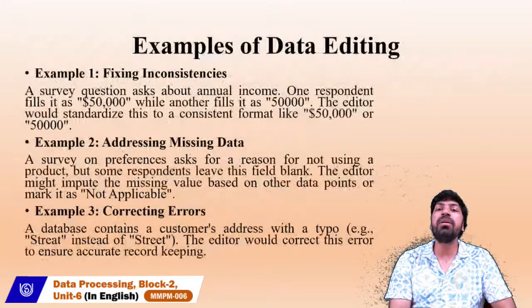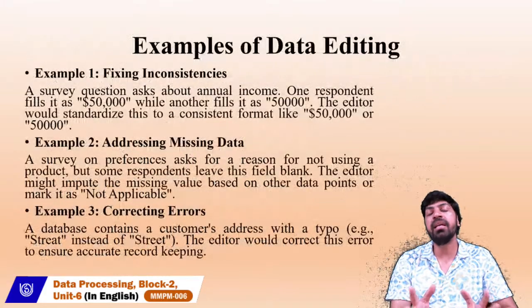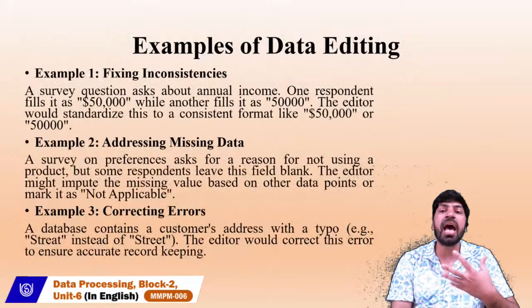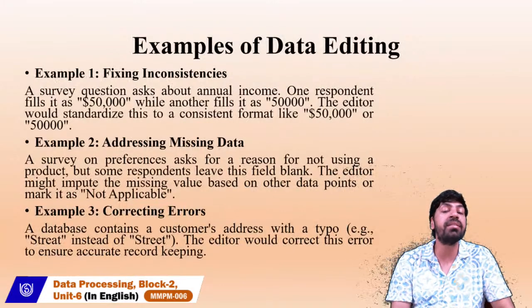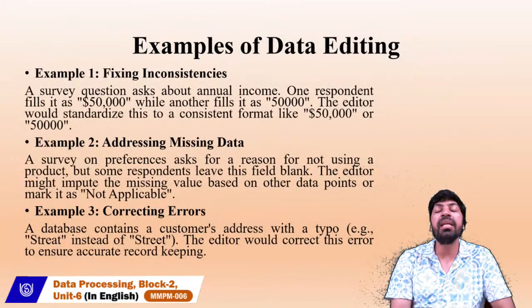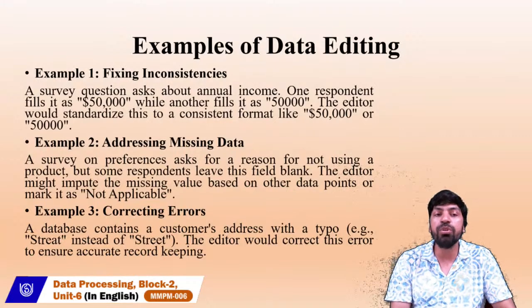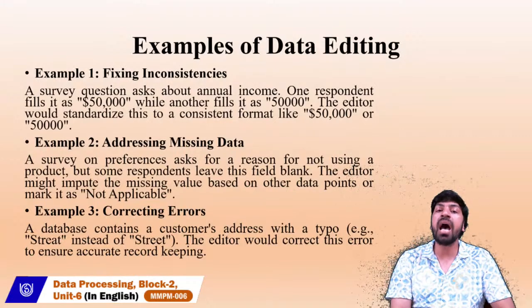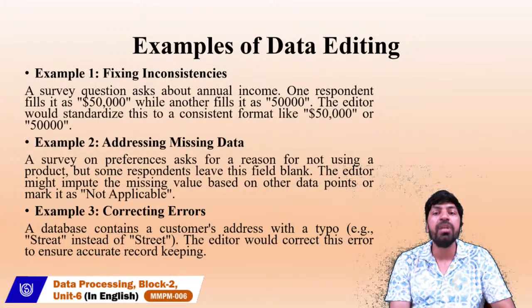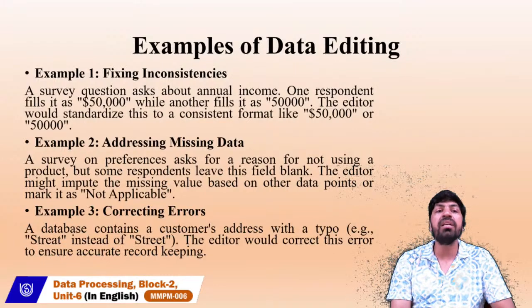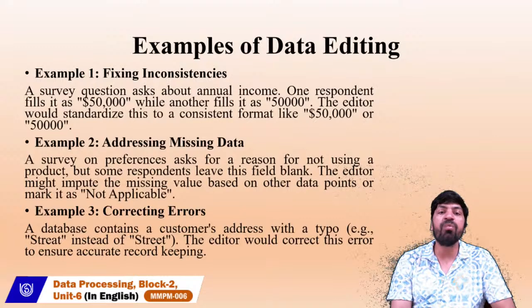These are the examples of data editing. Let's take a researcher who has to fix an inconsistency in a survey question that asks about annual income. One respondent fills it as $50,000 while another fills it as 50,000.